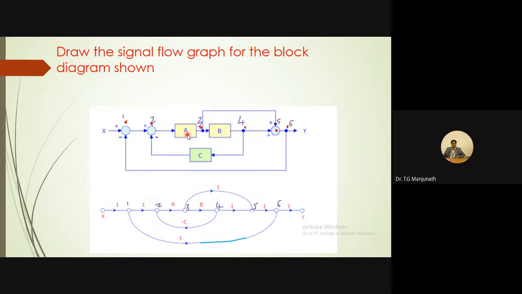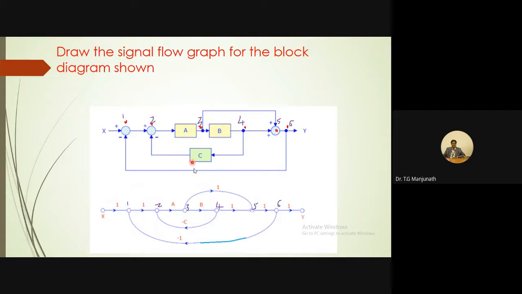And one more thing you have to remember: if 2 blocks are in series, between the blocks also you need to take an extra node. Even though there is no tapping point or takeoff point, if 2 blocks are in series, you take an extra node between the blocks. If you don't take an extra node, then you have to simplify those 2 blocks and take that as a branch gain.